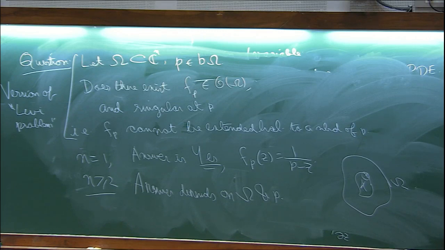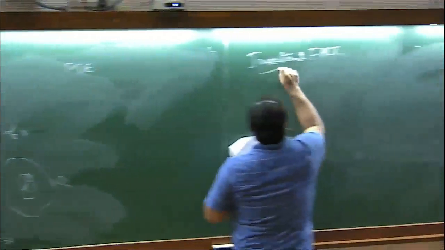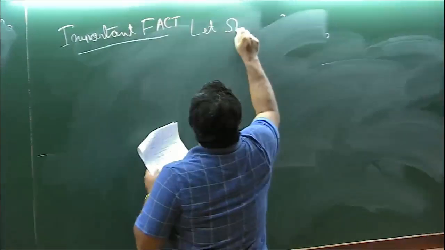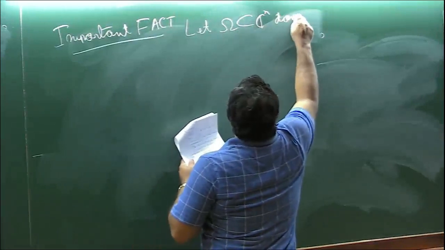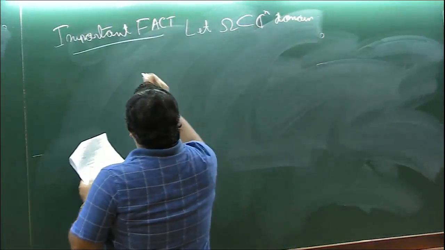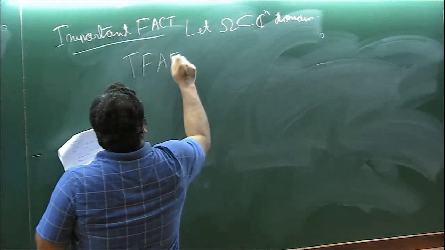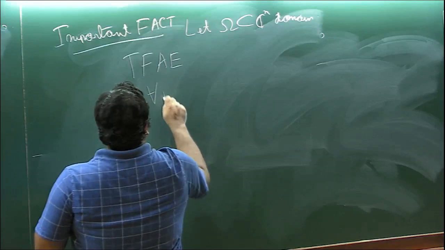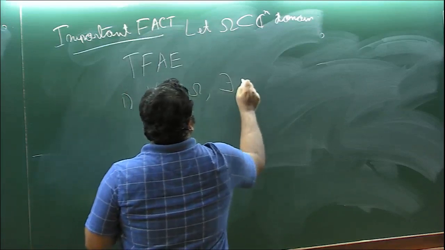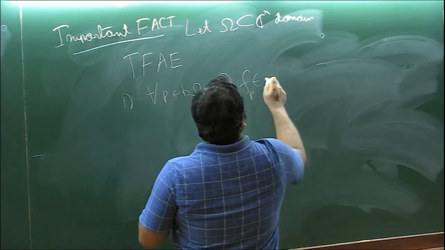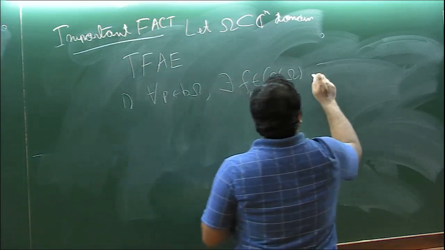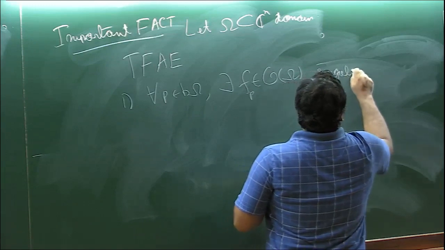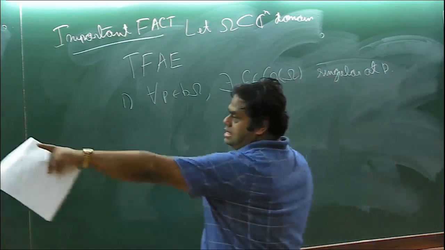So, important fact. Let omega be a domain in Cn, and the following are equivalent. Number one, for all P in the boundary of omega, there exists fp holomorphic on omega, singular at P, in the sense described there.